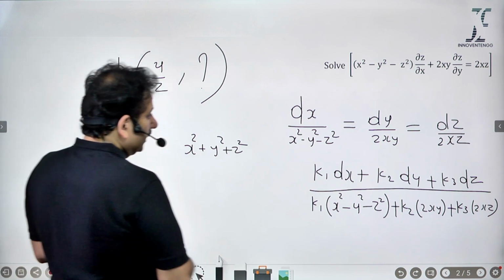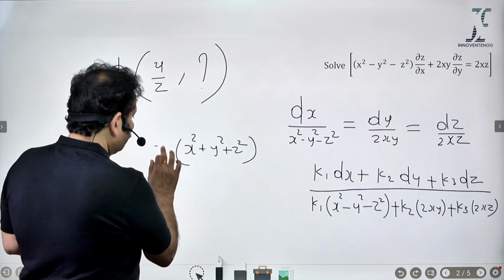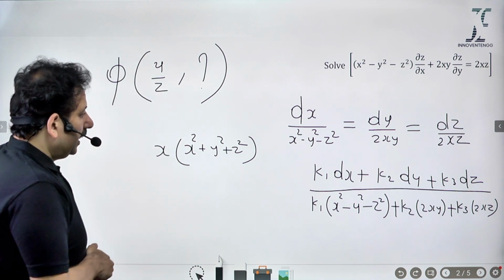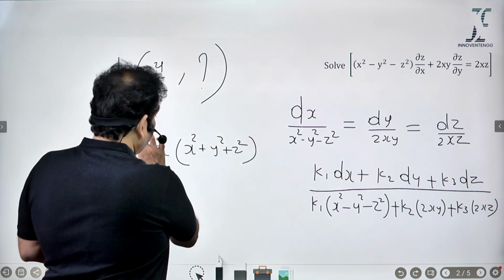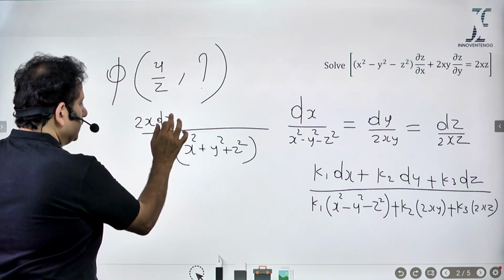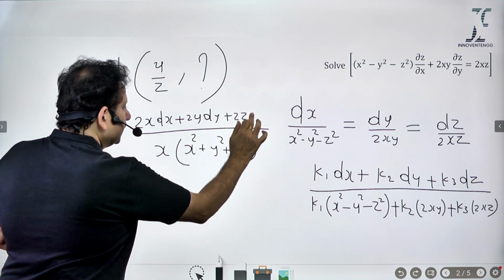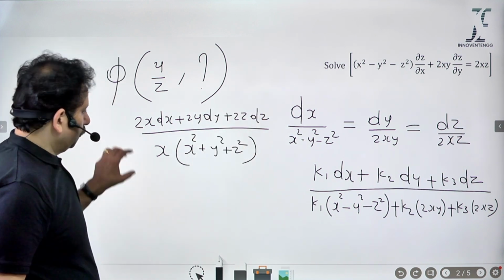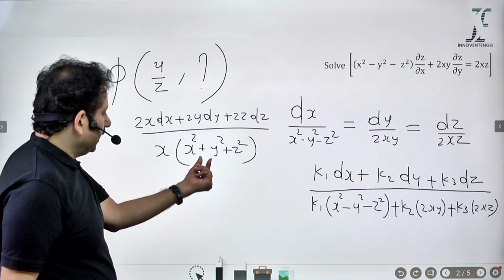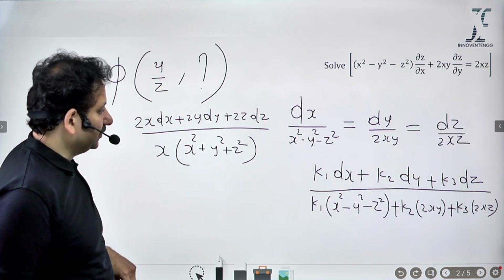And also I can equate that with this, the one extra x whatever I am going to get, I get rid of that one extra x, and this 2 can go to the numerator, and the numerator would have the following form: 2x dx, 2y dy plus 2z dz. So if I get rid of this x, this would simply be, if you integrate, log of x square plus y square plus z square.